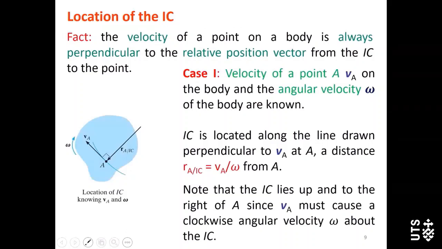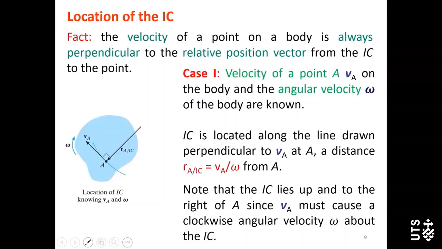In the first case, you can see here there is a rigid body, and we know the velocity of point A on this rigid body, and we know the angular velocity of this rigid body. In this case, how to determine the location of IC?